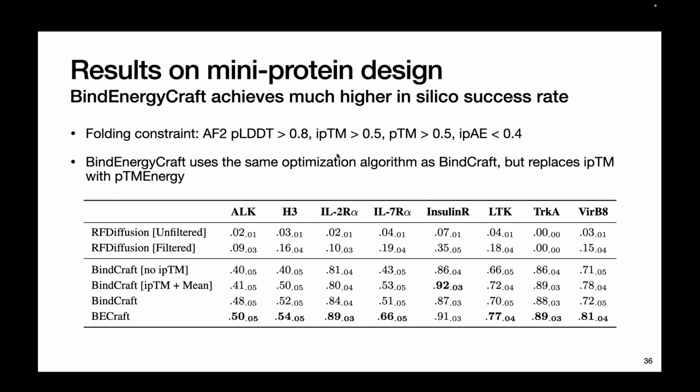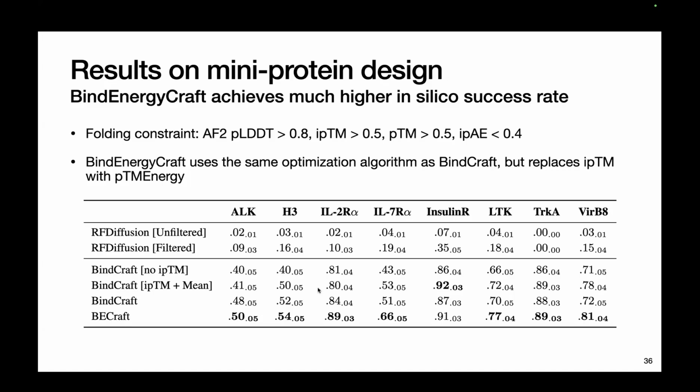Even though we're optimizing PTM energy, just to be fair when comparing with all the existing methods, we still use IPTM as one of the in silico metrics to define whether a binder passed the in silico filters, right? These are the filters we copied from BindCraft, which they found very useful for prioritizing their designs, right?